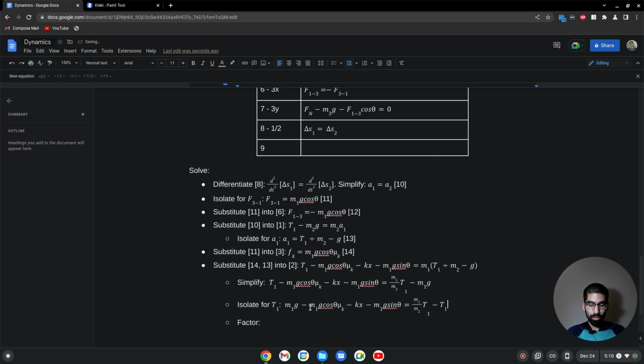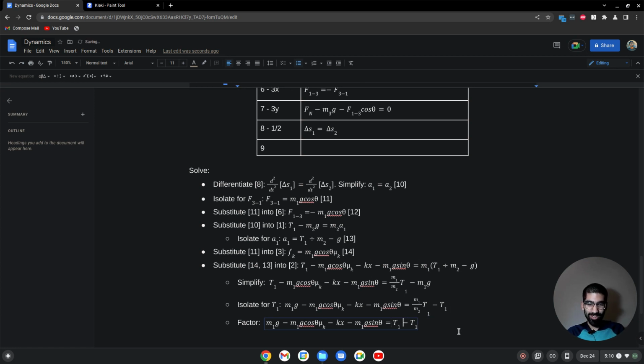So over here on the right, we're going to factor so that we are left with t1 times some other term. We're doing that so that we can divide out that other term. So we have t1 times this expression to factor out.